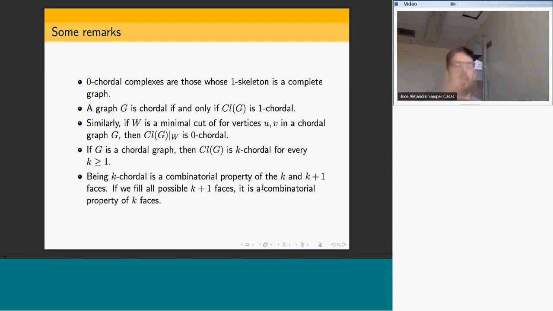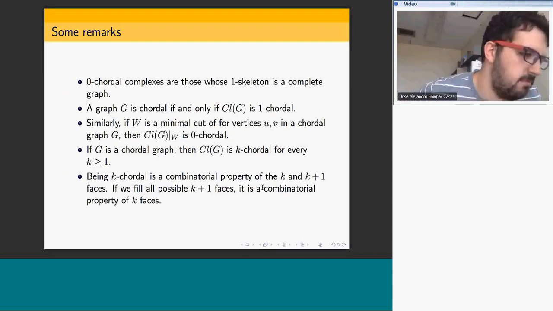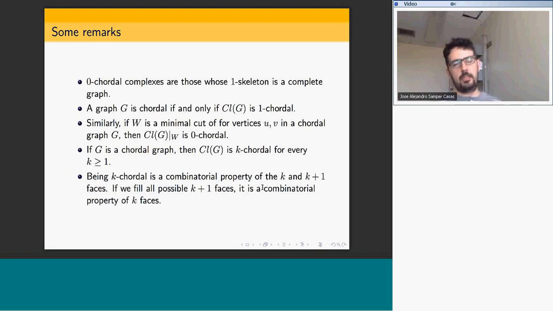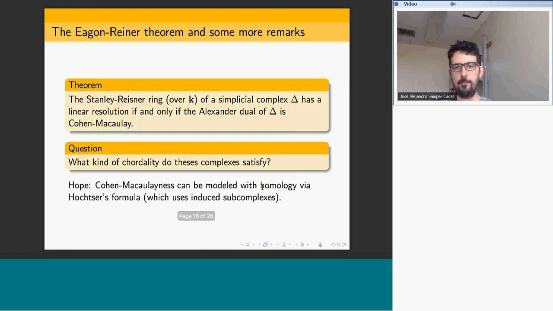Good. So I introduced the linear resolution business, and for a long time the commutative algebra community has been concerned with this property of notions that lead to linear resolutions, and here is one reason why this happens, with a theorem of Eagon and Reiner.